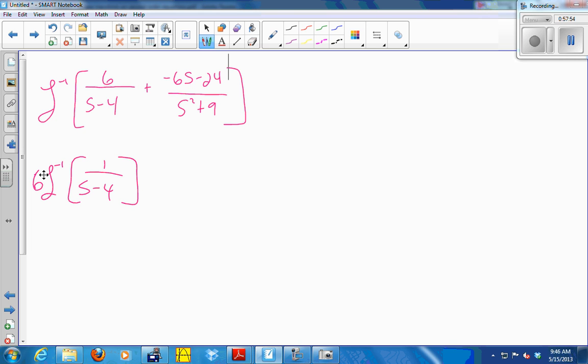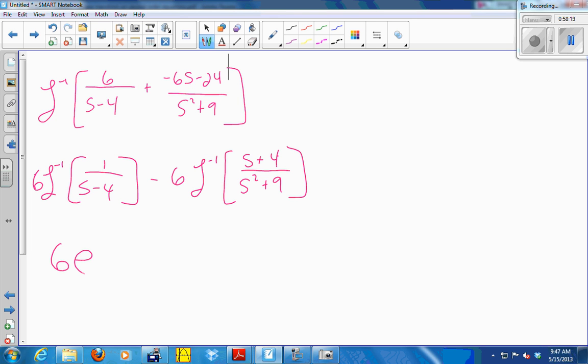Let's see, I can pull out a 6 from there, so I'm going to have minus 6 times the inverse Laplace transform of s plus 4 over s squared plus 9. This would be an s squared plus an omega squared. So if you could make that an s plus 3 instead of an s plus 4, that would be good.